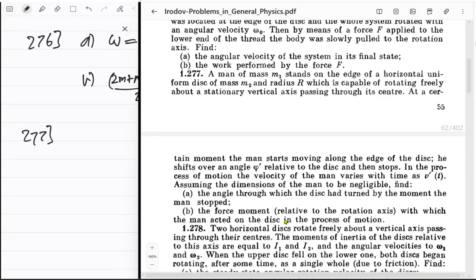The force related to the rotation axis with which the man acted on the disk in the process of motion. Wait, what? The force moment? You mean the torque? So the instantaneous torque or what? You want like the angular momentum change or something like that? Because how am I going to do this with v dash if I don't know how it depends on time?